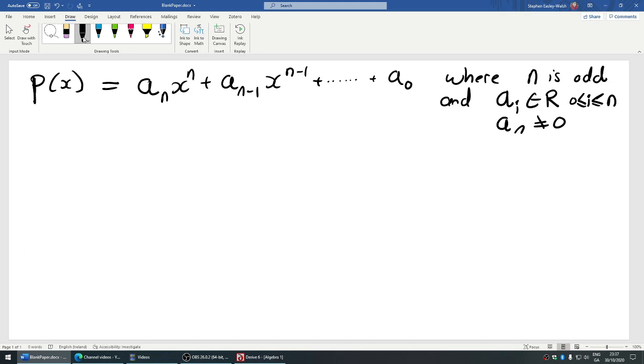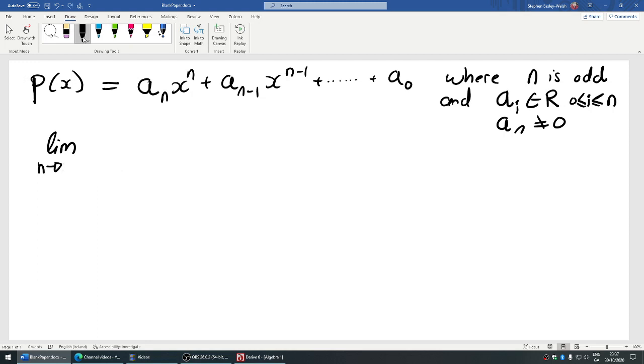Okay, now let's have a look at what happens when x goes to infinity. So, let's say we look at the limit as x goes to infinity of p(x) over p(-x).